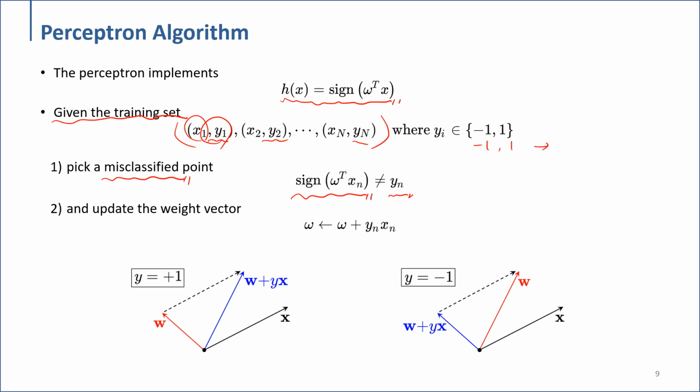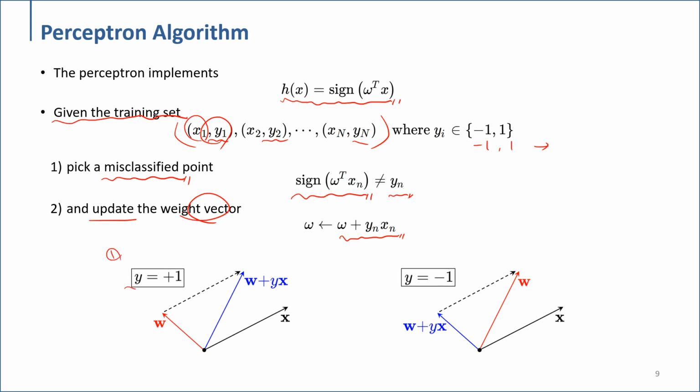So for this misclassified point, what we need to do is just update the weight vector by using yn and xn. So let's see how this works geometrically.